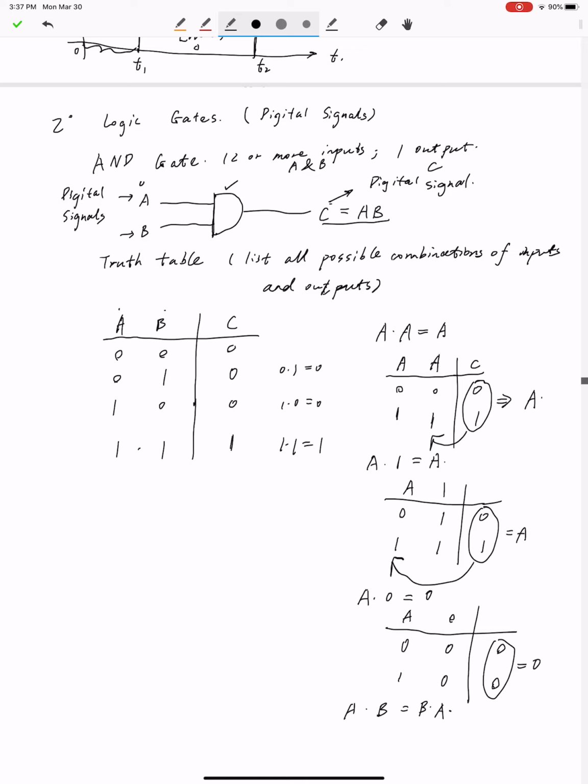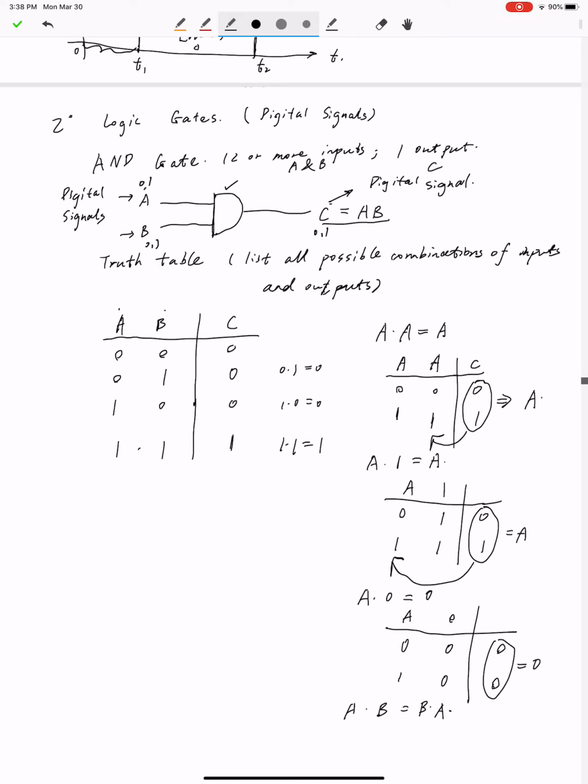Which means A could be 0 or 1, B could be 0 or 1, C could be 0 or 1, right? The functionality of an AND gate is C, the output, equals A times B, which is the multiplication of 2 inputs.